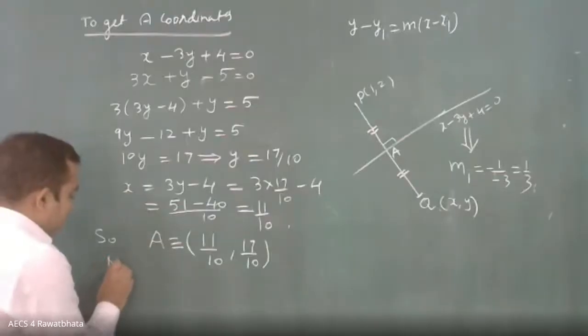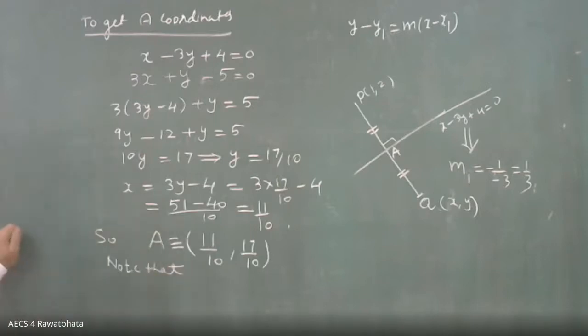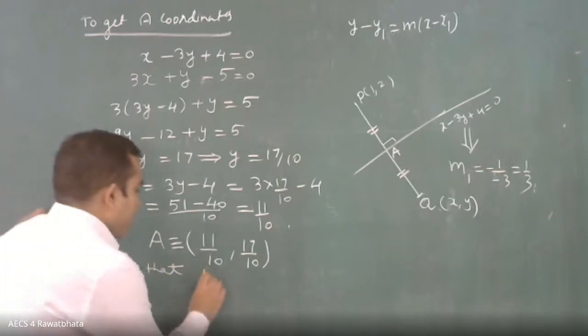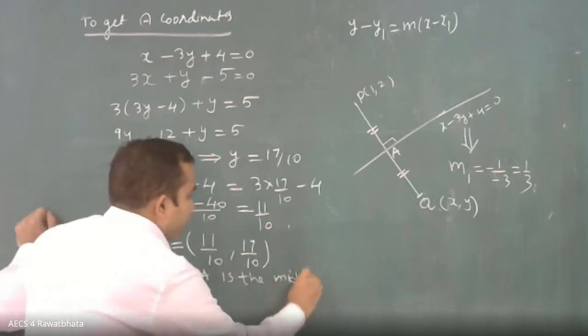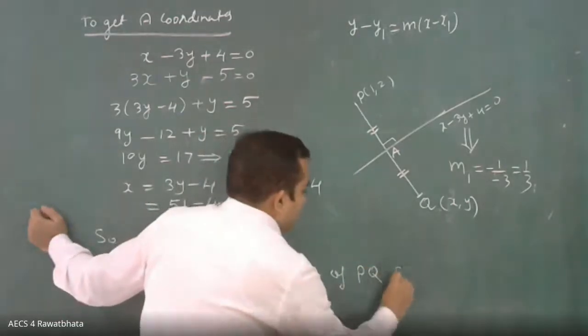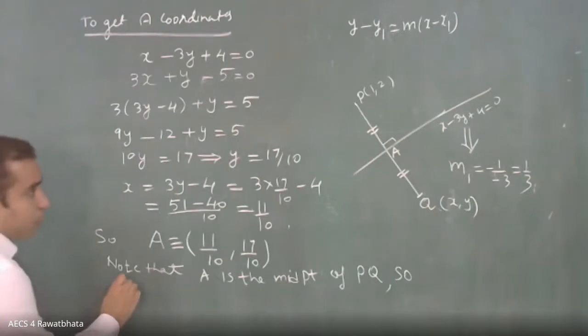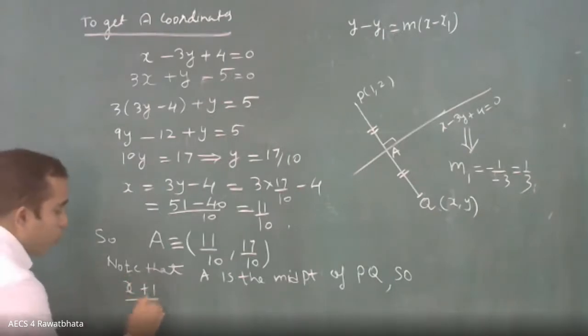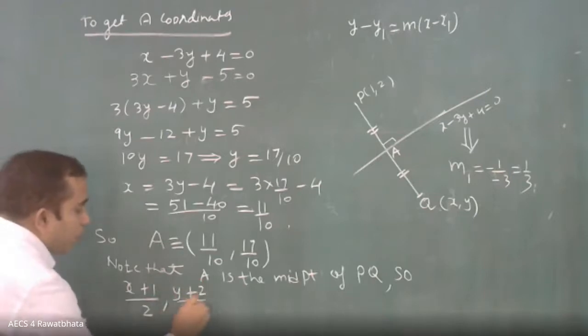Bilkul bilkul. Toh dekha students, note that A is the midpoint of PQ. So A coordinates will be given by (x + 1) whole by 2, comma (y + 2) whole by 2.